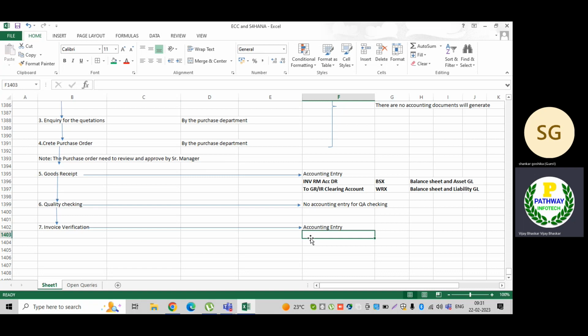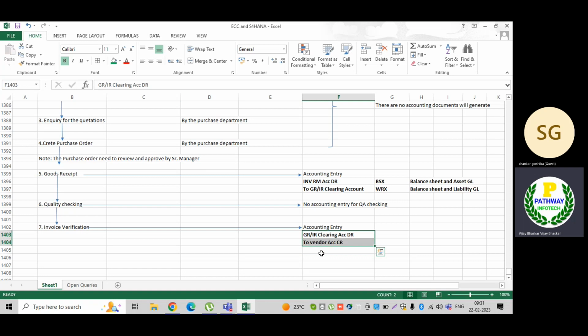Finally, when we go to invoice verification, the GRIR clearing account is going to be debited, and the vendor account is going to be credited.